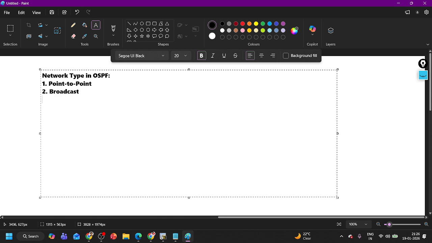Third type is non-broadcast. Fourth type is point to multipoint. Fifth type is point to multipoint non-broadcast.